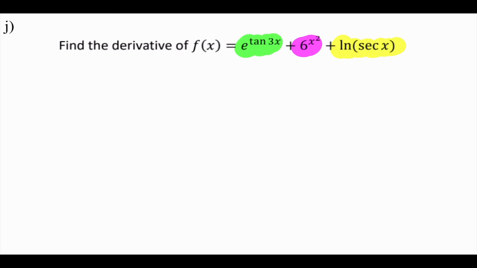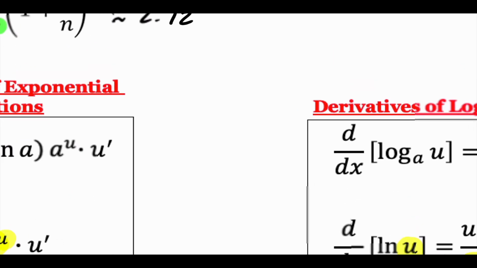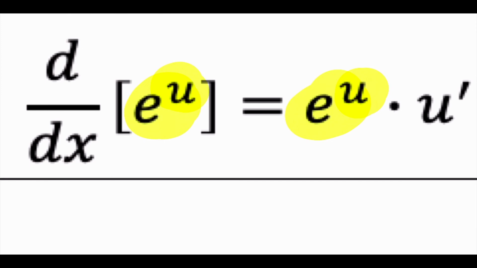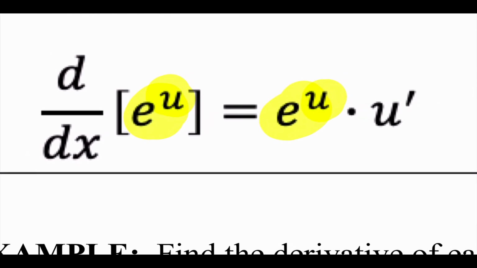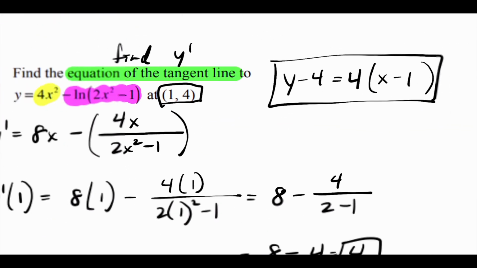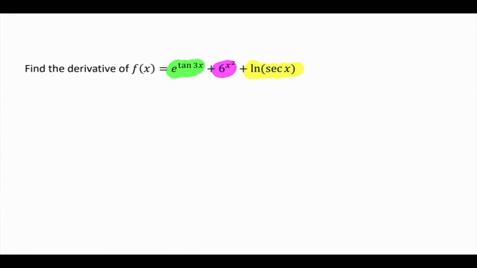The green is an exponential, e. Well, we have a formula for that. If you're finding the derivative of anything with e, the first thing it does is repeat itself, and then you find the derivative of the power. So first thing I'm going to do is repeat it.